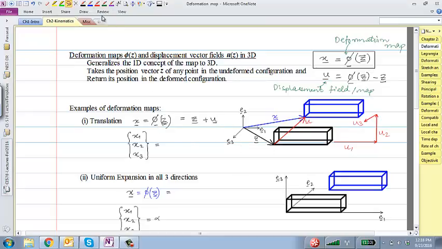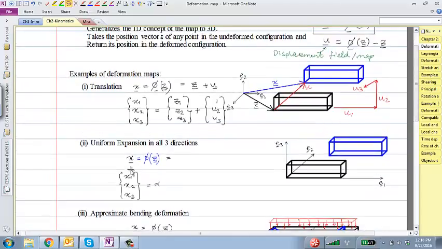So if you give me some point in the initial configuration z1, z2, z3, all I will do is add the corresponding displacements u1, u2, u3 to the coordinates of that point, and that will give me the coordinates of the corresponding displaced point. No surprise there. That's a very simple translation map.